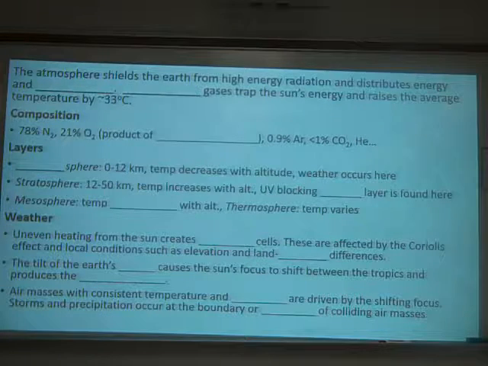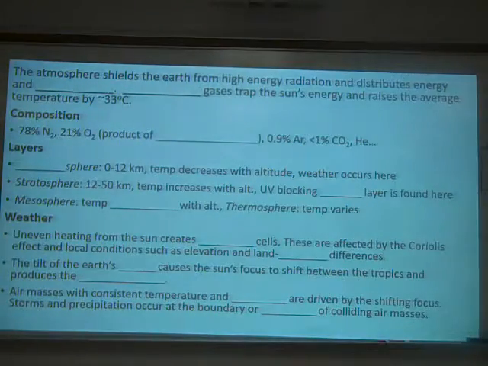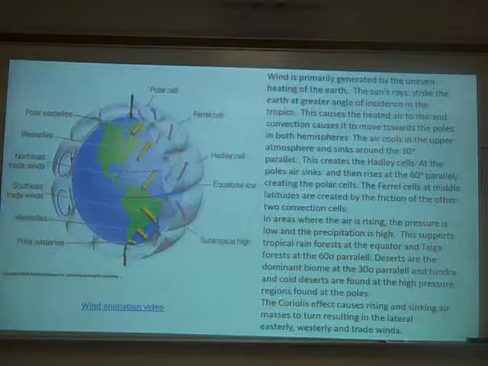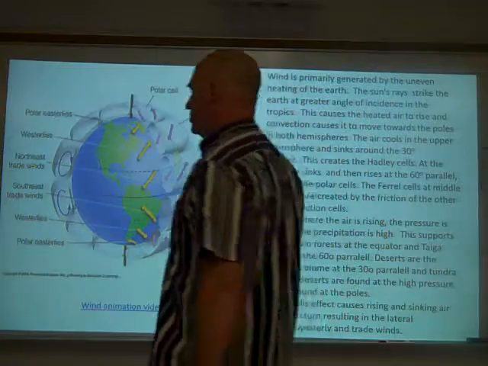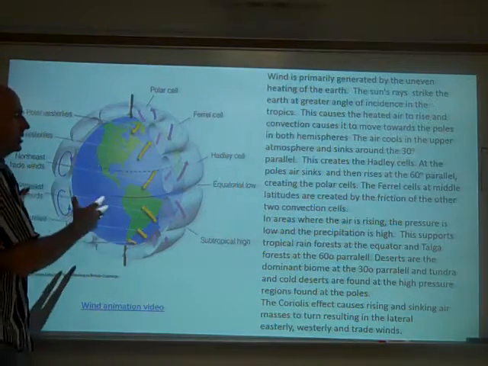Okay, and then we've got weather. So weather's a combination of the interactions of the atmosphere and the hydrosphere, evaporation, condensation. But what you end up having, there's your layers, is, well, we'll talk about wind patterns first of all. So we have certain wind patterns, as I mentioned just a minute ago with the ocean currents.